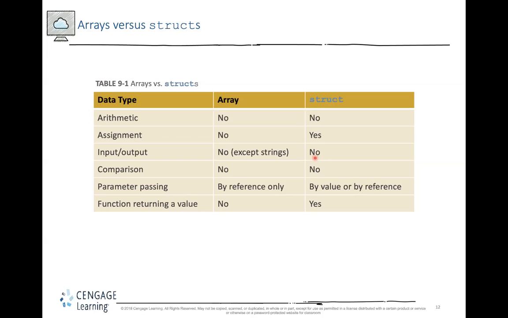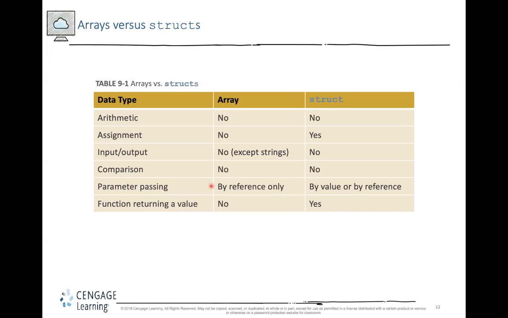But you can define that stream insertion operator, and then handle it almost like a built-in type. Comparison at the aggregate level does not usually make a lot of sense. You compare the elements or the variables of a struct.